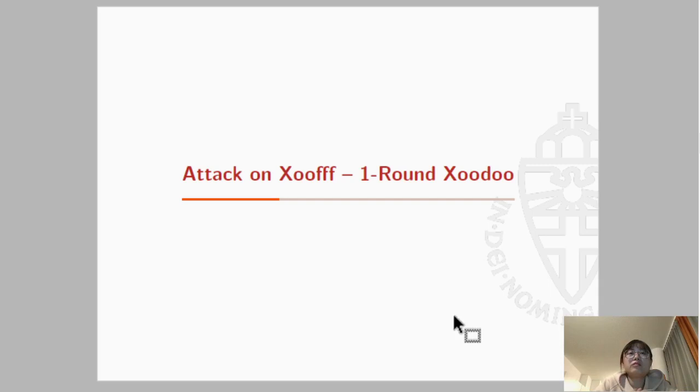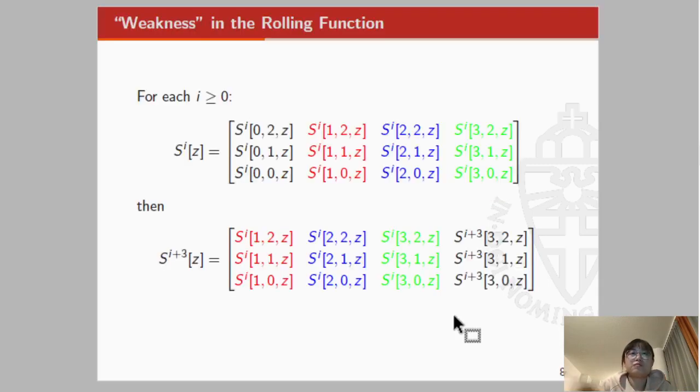Now we will introduce the attack on Xoofff with 1 round Xoodoo. By deep observation of the rolling function, we have found a weakness.